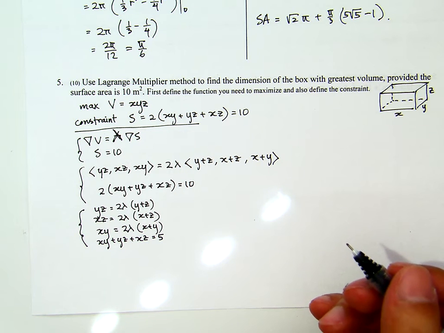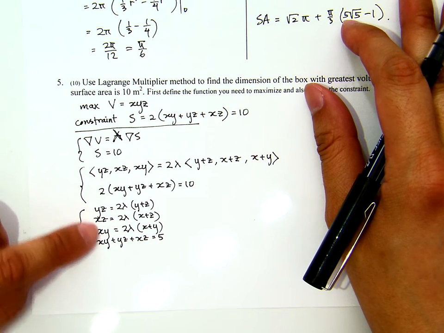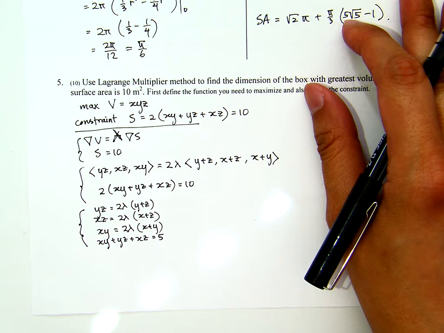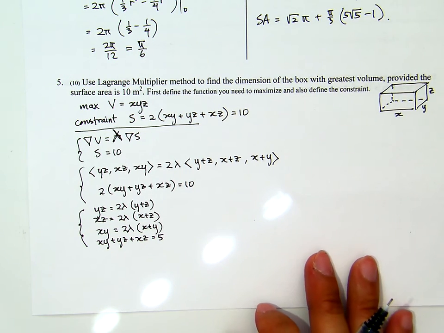Now this is the thing: we are so tempted to add all of these here and say this equals 5. But instead of doing it that way, let's think a bit about this.